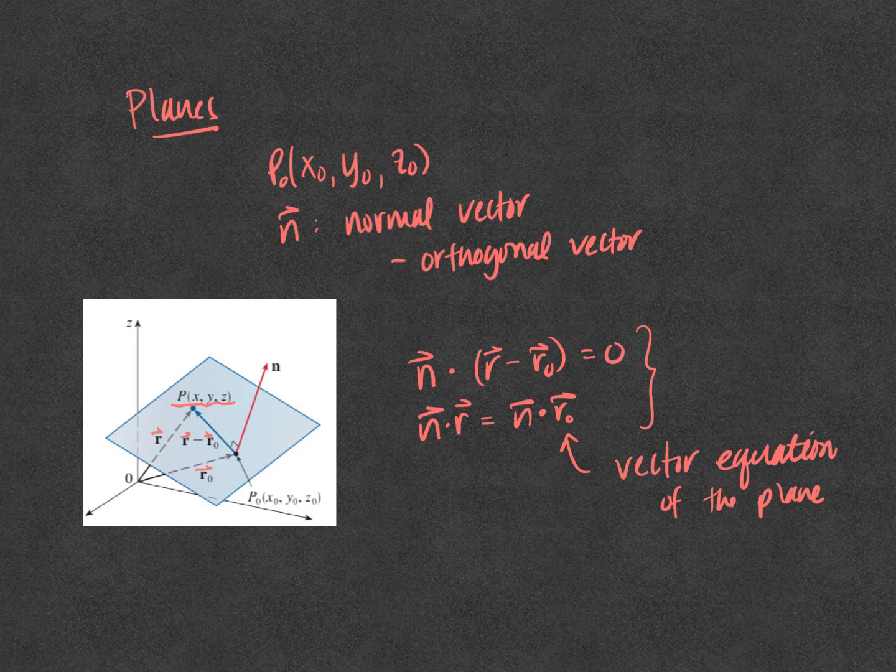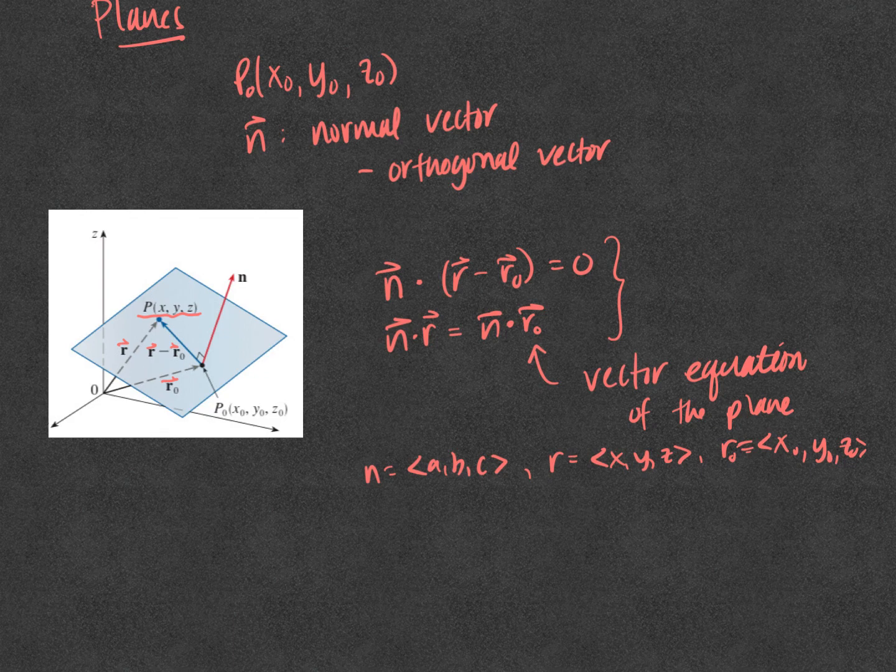Now we can put this into nicer terms because we're going to let n equal the vector ABC. And just like before, R is going to be the vector XYZ, and R sub 0 is going to be the vector X sub 0, Y sub 0, Z sub 0, because they all come from the origin.